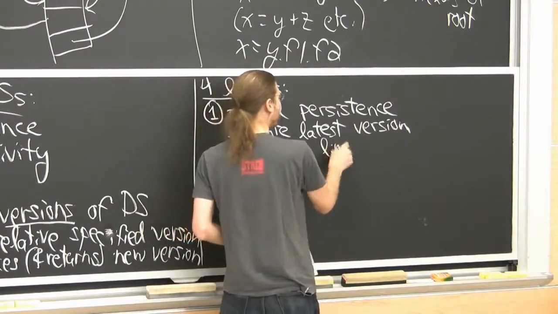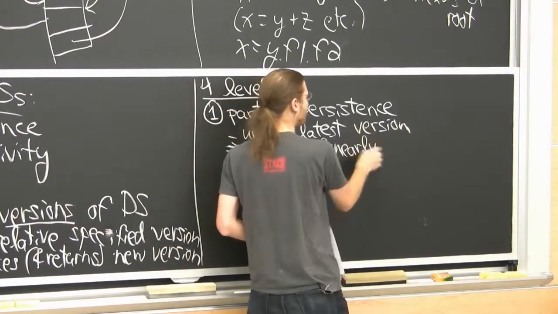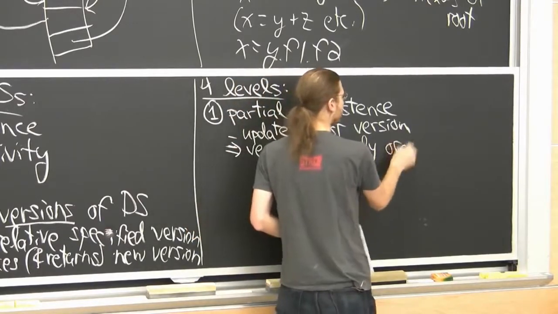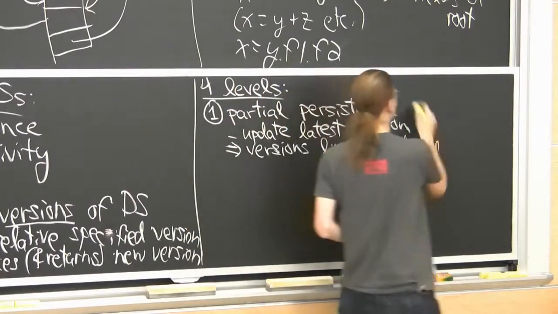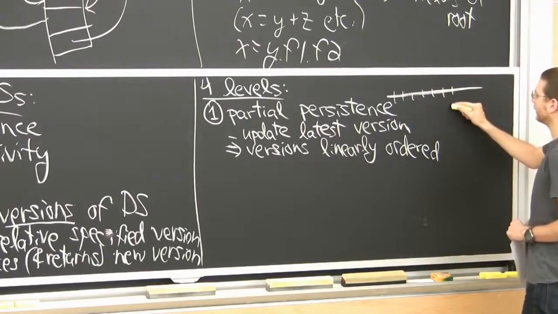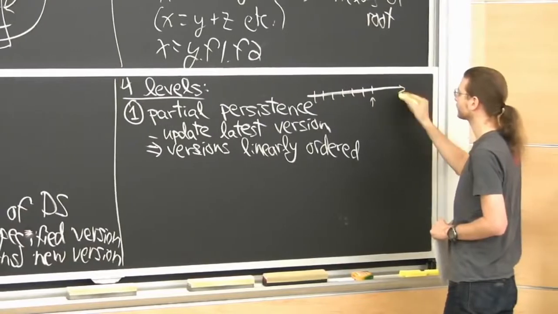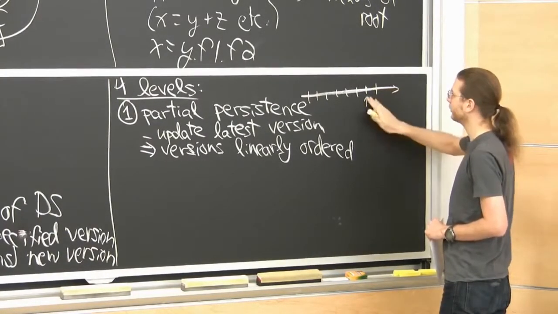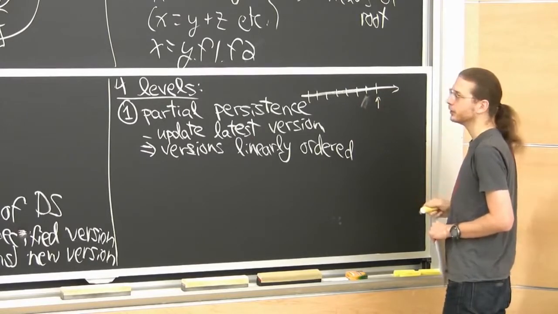This is the easiest to think about. Time travel can easily get confusing, so start simple. We have a timeline with various versions on it. This is the latest, and what we can do is update that version. We'll get a new version, and then our latest is this one.